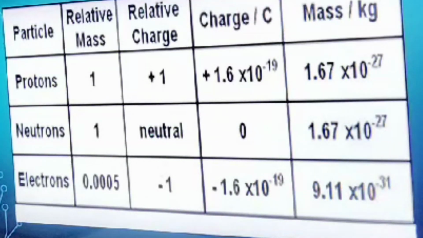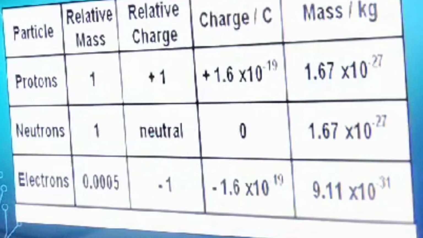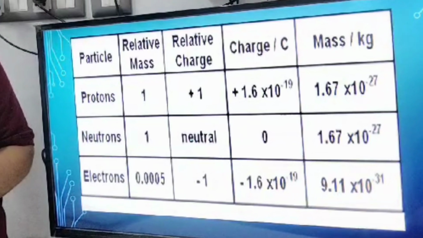Neutron: relative mass 1, neutral charge, no charge, mass 1.67 × 10^-27 kg. Electron: relative mass 0.0005, relative charge minus 1, charge minus 1.6 × 10^-19, mass 9.11 × 10^-31 kg. So this finishes our topic, discovery of subatomic particles.